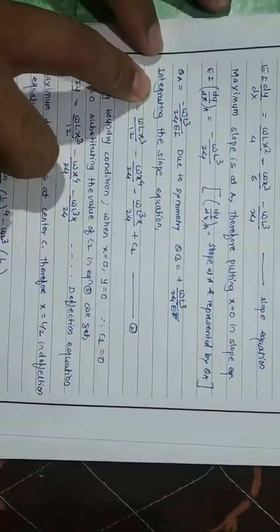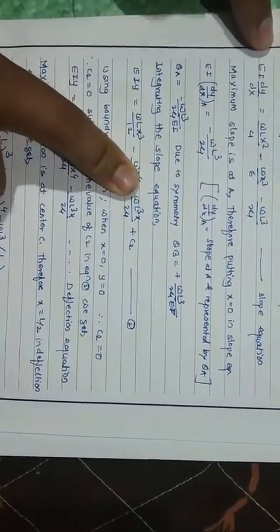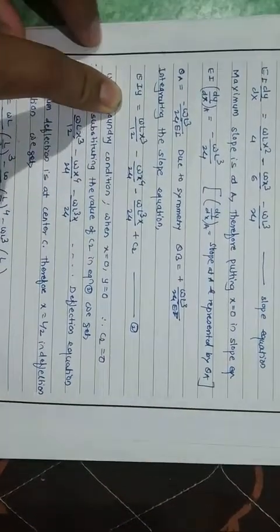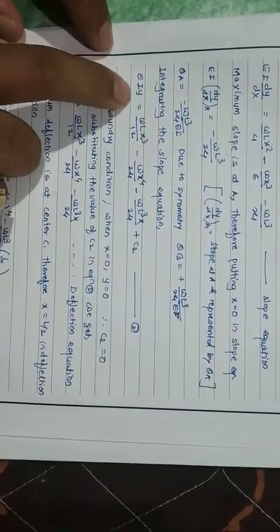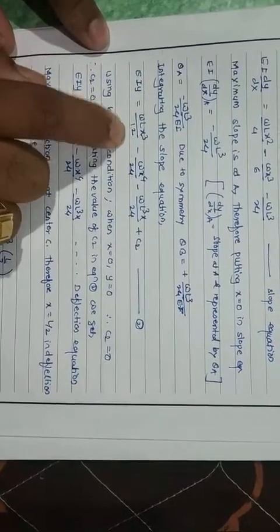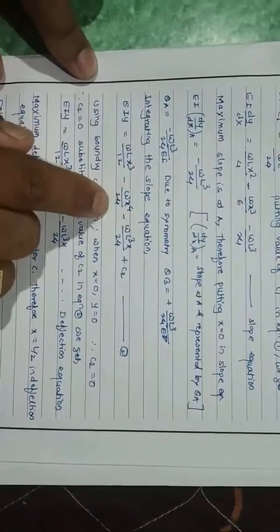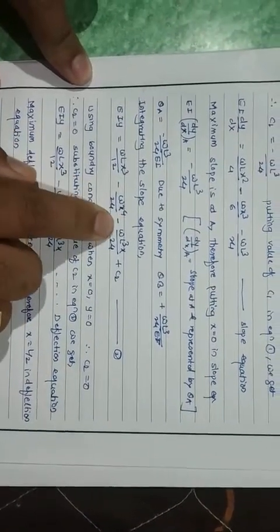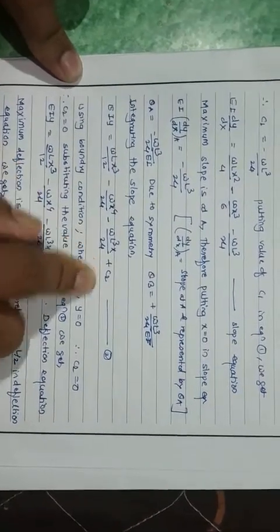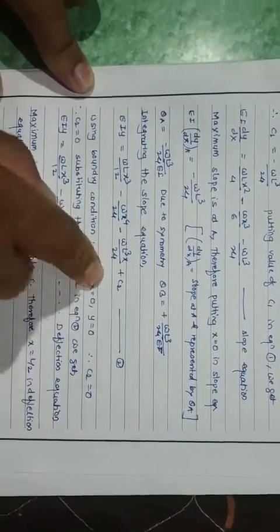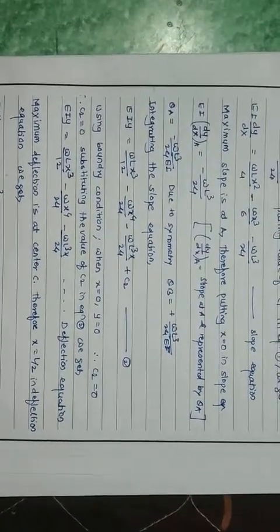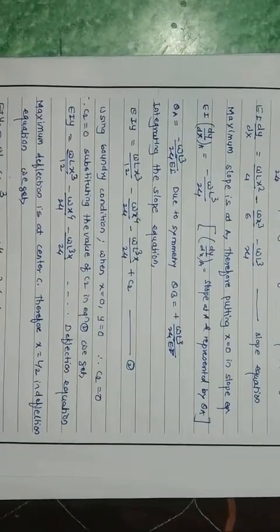Now integrating the slope equation, we get E I y equals W L x cube divided by 12 minus W x raised to 4 divided by 24 minus W L cube x divided by 24 plus C2. This is equation number 2. Here C2 is the constant of integration. Using the boundary conditions, when x is equal to 0, y is equal to 0.